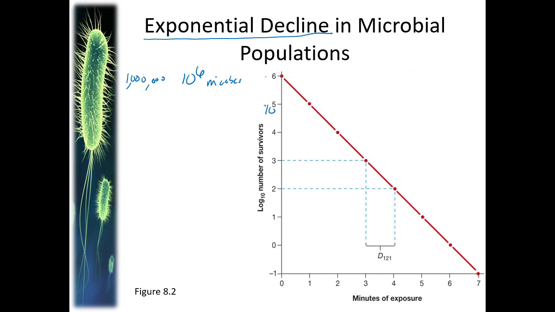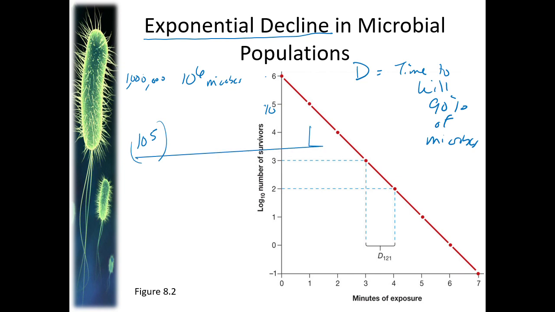Here what we're seeing is that our decimal reduction time, D, is equal to the time to kill 90% of the microbes. So if we have 10 to the 5th and we're killing 90%, how much is left? Leaving 10%. What is 10% of 10 to the 5th? 10 to the 4.